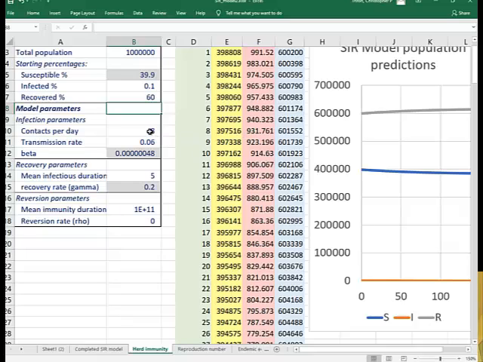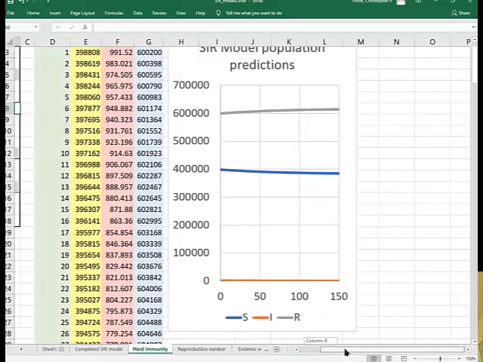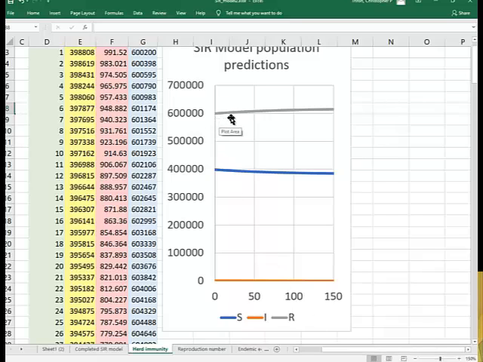Because many of these contacts are with recovered and not infected. So if I start out at 60% recovered, then you can see that no more infections will take place, or very few additional infections will take place, and the disease becomes stable.